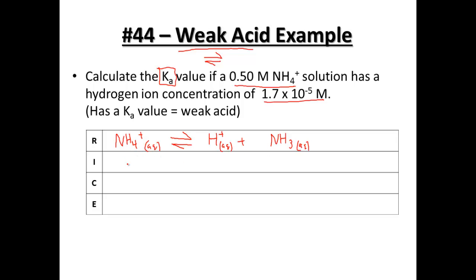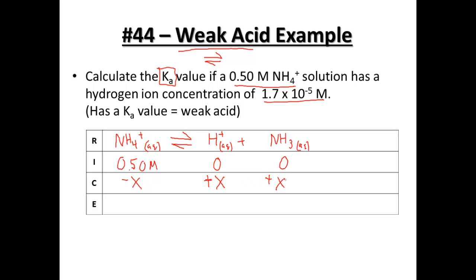Our initial concentration: 0.5 molar of NH4 plus and nothing to begin with for the others. Now what we're going to do is call what we lose here subtract X. So X is however much we're going to lose, and over here is however much we're going to gain.